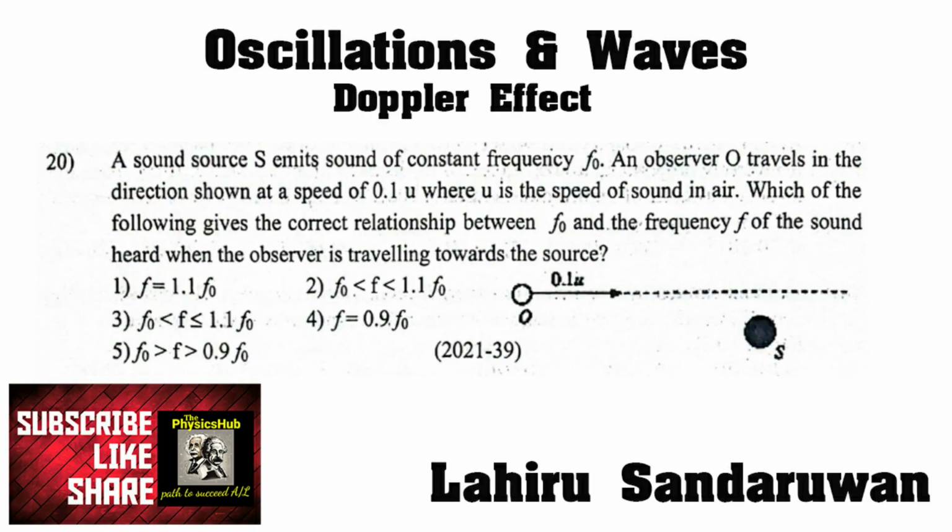A sound source emits sound of constant frequency F0. An observer O travels in the direction shown at the speed of 0.1 u, where u is the speed of sound in air. Each of the following gives the relationship between F0 and F of the sound heard when the observer is traveling towards the source.